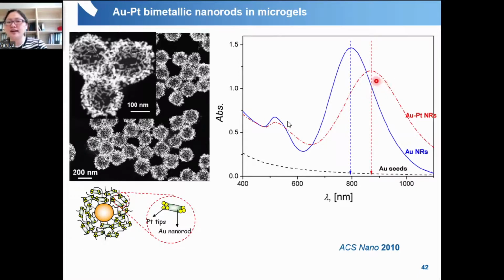And on the other side, you have a broader peak and a decrease of the absorption intensity. And this is because, of course, platinum is not plasmonic, it does not have this plasmon effect. So when you have additional platinum, you actually eliminate the surface plasmon property of the gold nanorods. So you see the decreasing of the absorption intensity and the broadening of the peak.